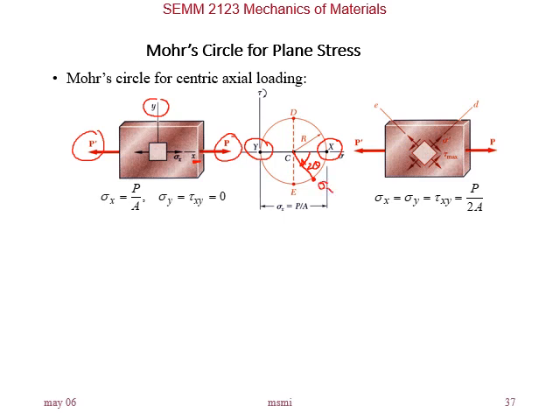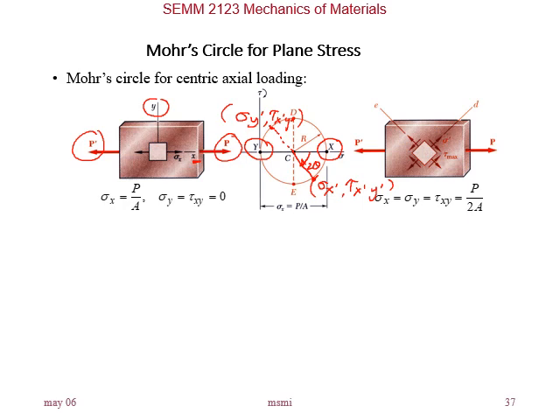So it's sigma x prime, tau x prime y prime. That is the stress condition for that plane. Now, of course, for the stress element, you have a square. Therefore, you extend this line on this side, right? So you get sigma y prime, tau x prime y prime. And of course, it is a negative value for the tau. Okay.